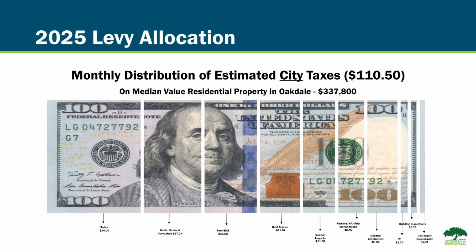People typically ask, why am I being assessed for project improvements when I pay property taxes? And the answer to that is property taxes go to paying services that the city provides, such as police, fire, and maintenance of public facilities.